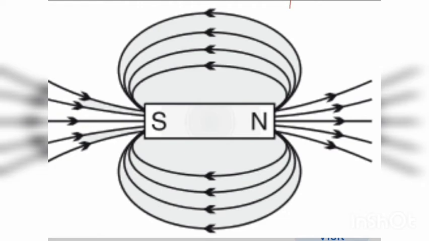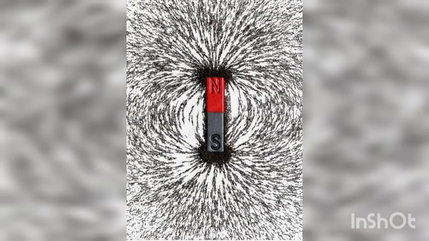The first one is, in air, the magnetic field lines start from the north pole and end at the south pole of the magnet. The second one is, no two magnetic field lines can ever intersect one another at any point. And the third one is, if the magnetic field lines are closer to each other, that means the magnetic field is quite strong.